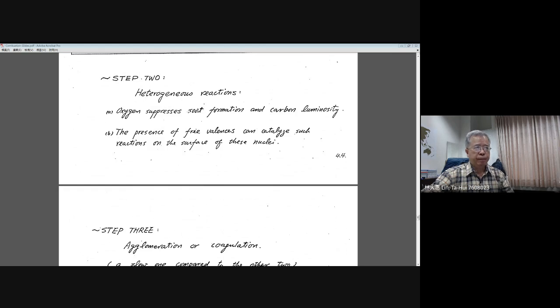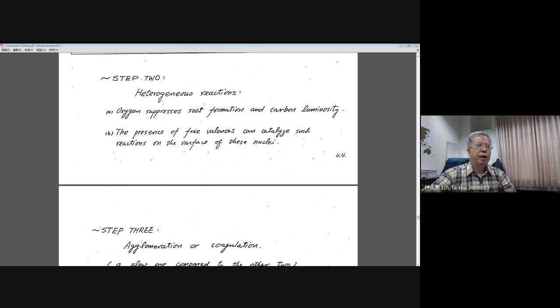And we find from the literature that the presence of free valence can catalyze such a reaction on the surface of this nuclear, those carbon particles.